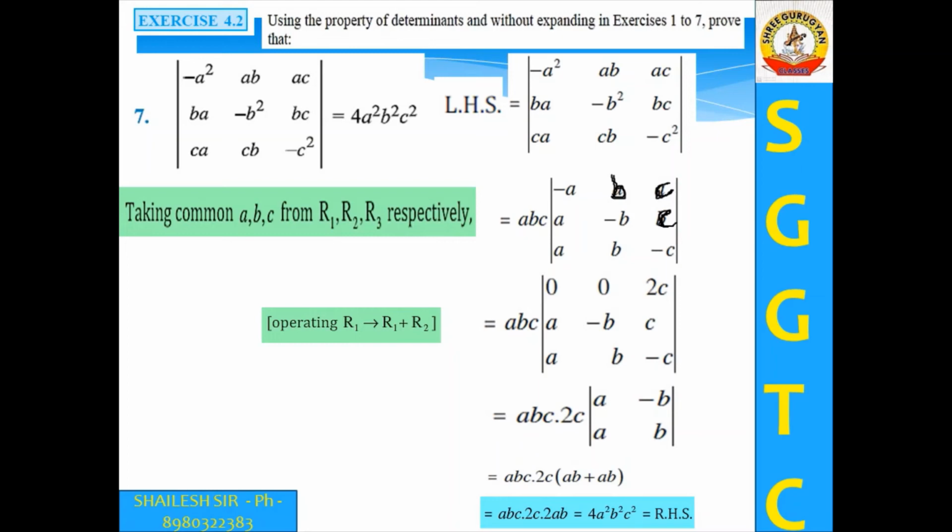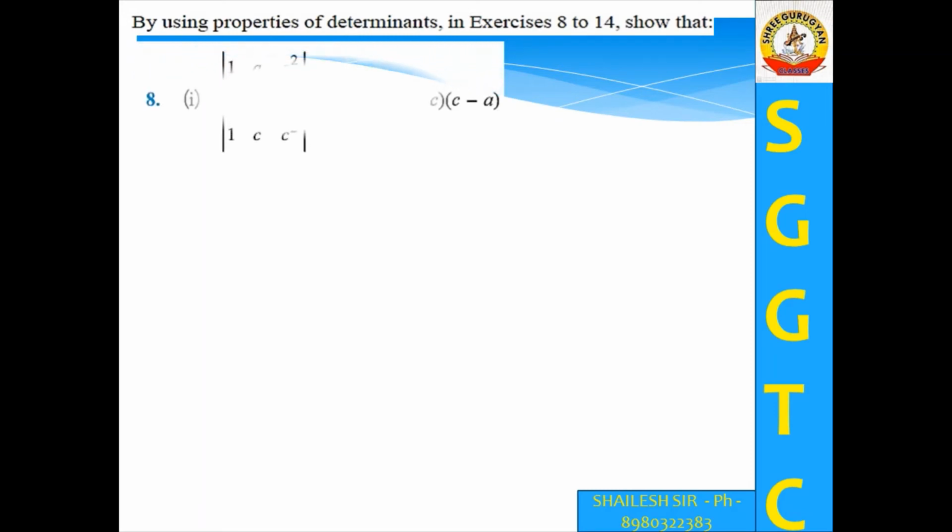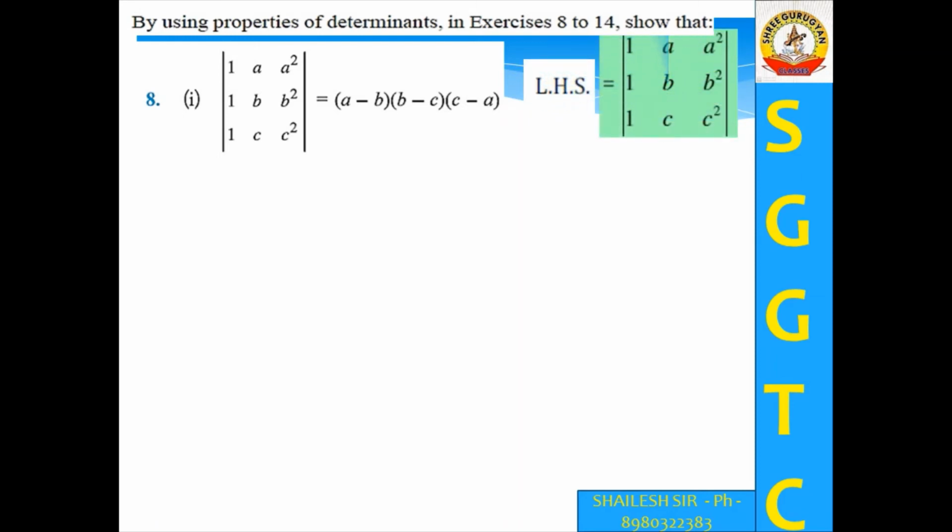Students, when you apply the definition rule, question numbers 8 to 14 use the properties rule. So the eighth one: 1 1 1, a b c, a square b square c square. Students, think about how 0 can be represented. So before starting, I operate to get 0. How can a 0 be represented? So I give you some examples for converting to zeros.